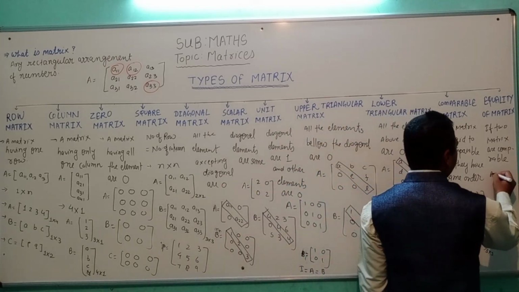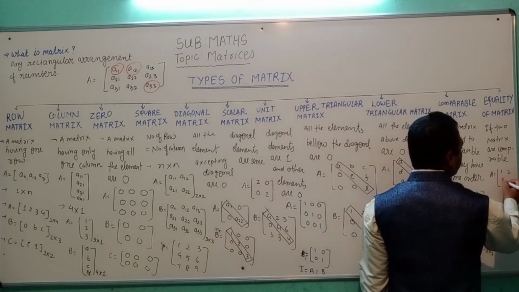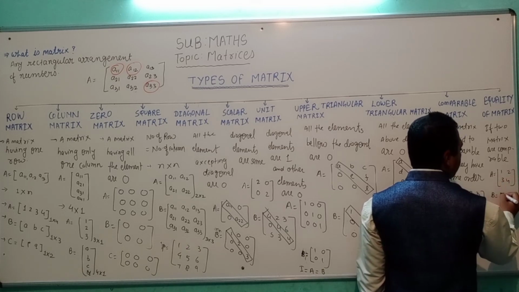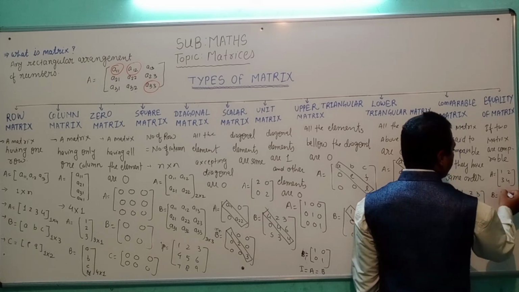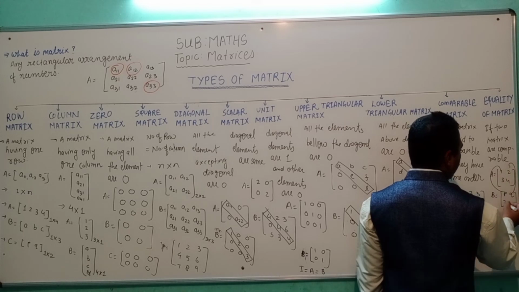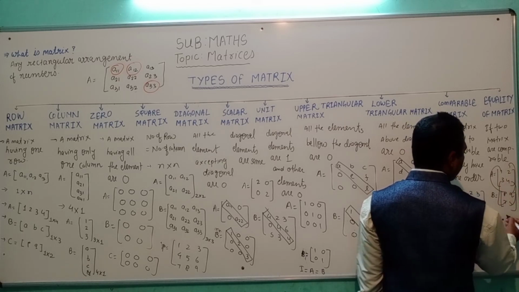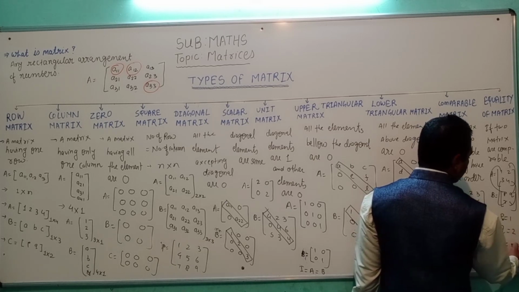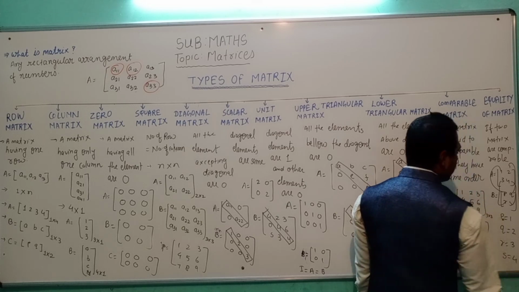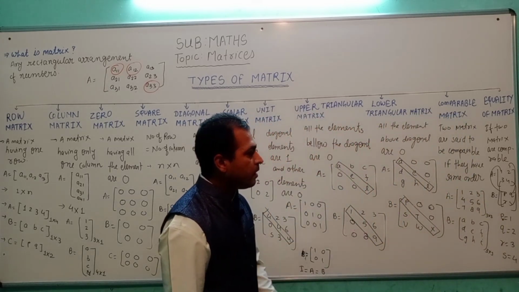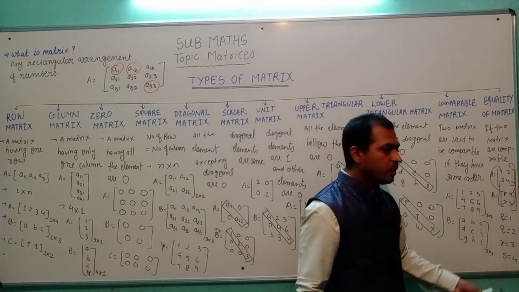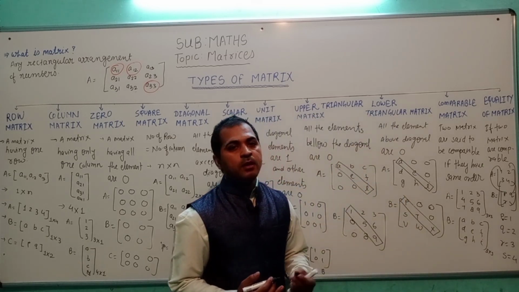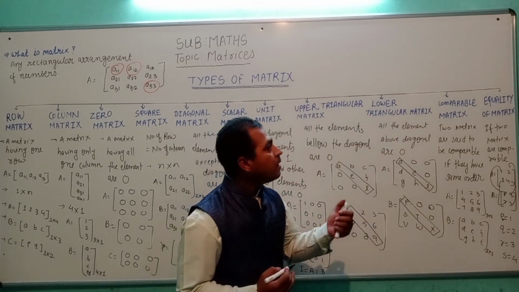Suppose an example A: 1, 2, 3, 4, and another matrix P, Q, R, S. If these are equal, we can write P is equal to 1, Q is equal to 2, R is equal to 3, and S is equal to 4. Okay students, here you can see that these two matrices are equal matrices because their corresponding elements are equal.